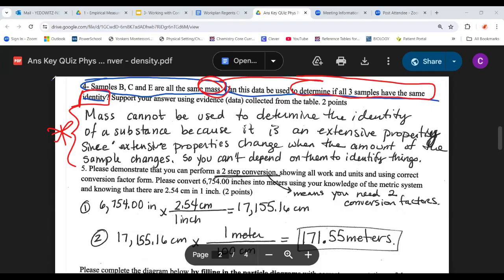But if you had just said the first sentence, mass cannot be used to determine the identity of a substance because it's an extensive property, that would be enough, because you are explaining it well enough. I went the extra mile to add this second explanation because if you're using this answer key to correct your misunderstandings, I wanted to make sure you understood that.